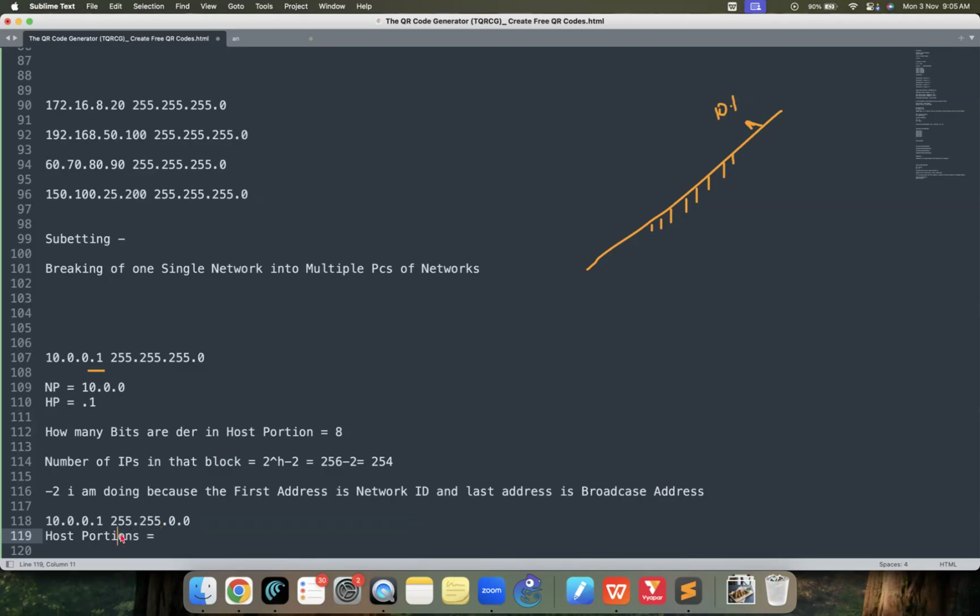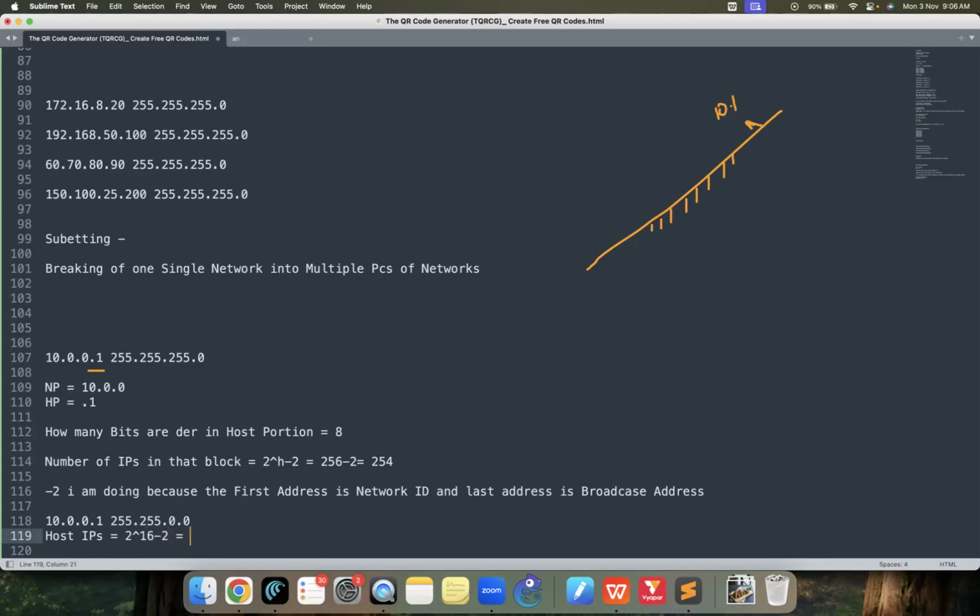The number of host bits is 16, and what I need is the number of host IPs I can get. So the number of host IPs is 2 to the power of 16 minus 2.